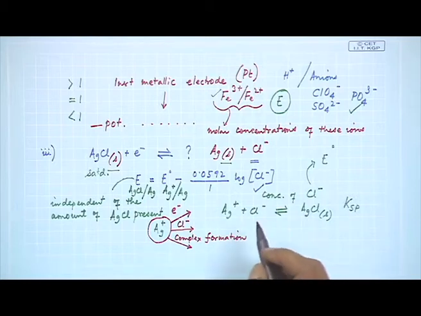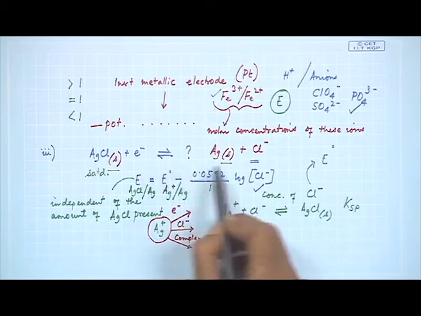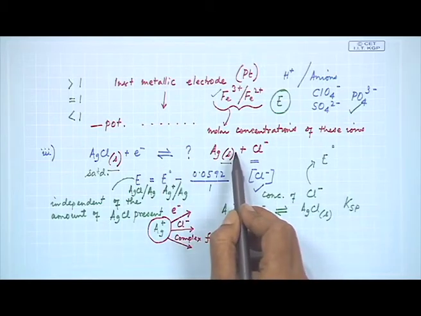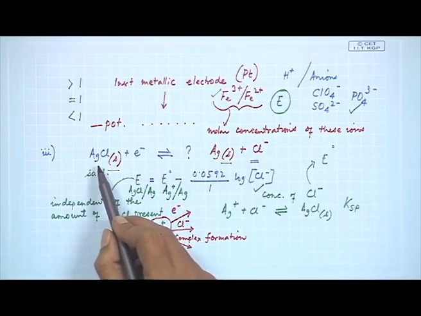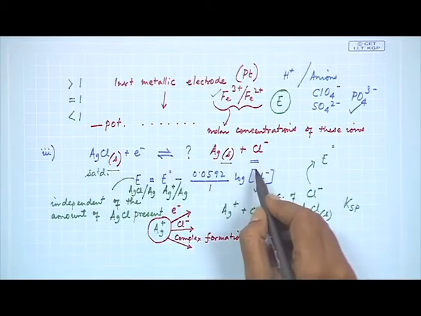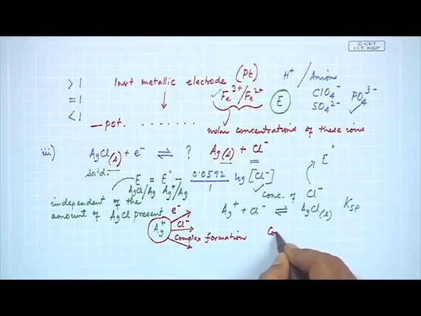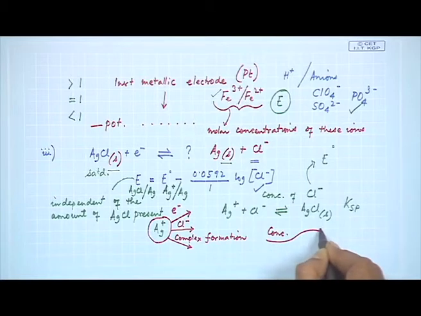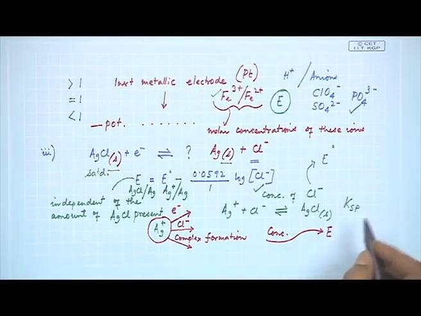So, why are we talking about all these things? Because we are talking about the concentration of the silver ion as well as the silver chloride and the chloride itself, because the concentration can have a good role to play in manipulating your E values.